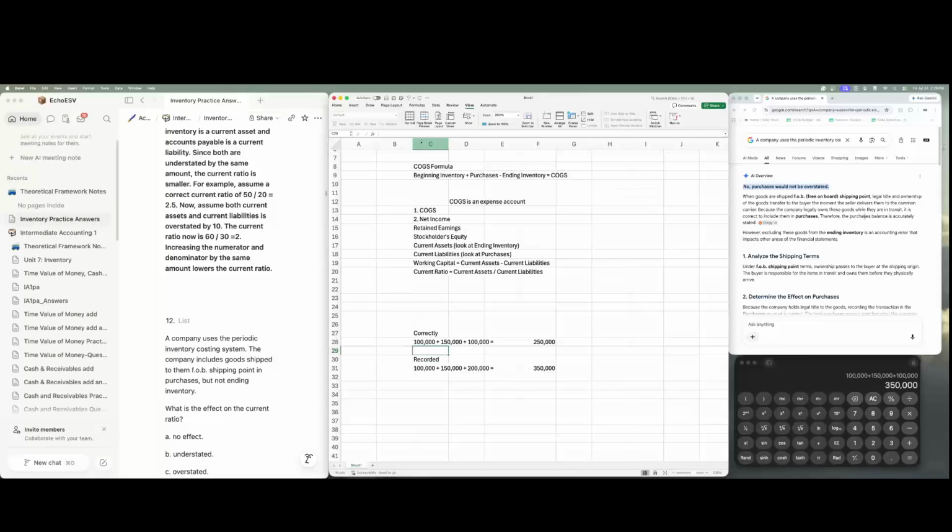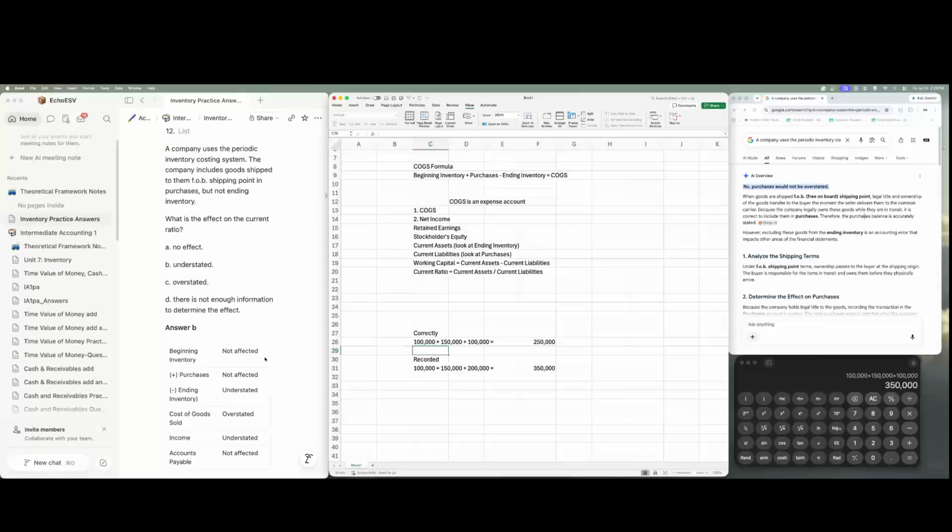So what is the effect on the current ratio? The ending is not affected. The recorded amount would be 100,000. They should actually include this in the inventory. That's the thing. They should include that, but they're not, for whatever reason.